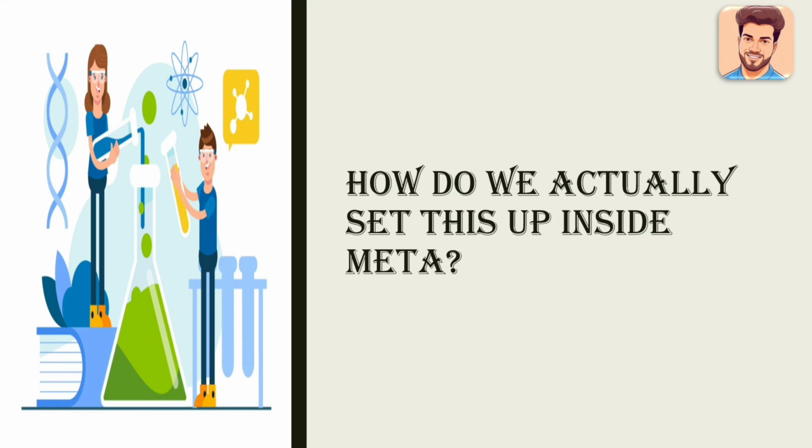What I will now do is take you to the Meta dashboard and first show you how to create the custom audiences: website-based retargeting, pixel event based, Instagram and Facebook engagement retargeting, video viewers retargeting, past buyers audience, how to use the DPA, and how to apply these audiences into an ad set properly. So from this point, I will guide you live on the screen. So follow along and let's go to the dashboard.